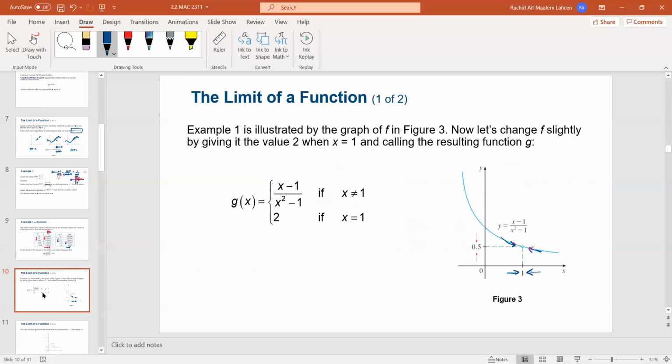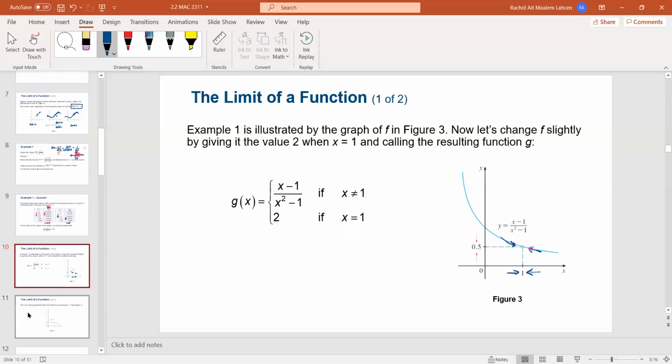So let's play with this example and say now we'll define g of x, a new function, with these two parts. The first one that we saw, if x is not 1, so now it's defined at that 1, and g of x equals 2 if x equals 1, all right? So you've seen this type of function. Let's put the graph.